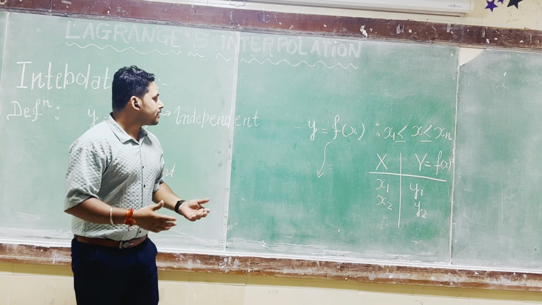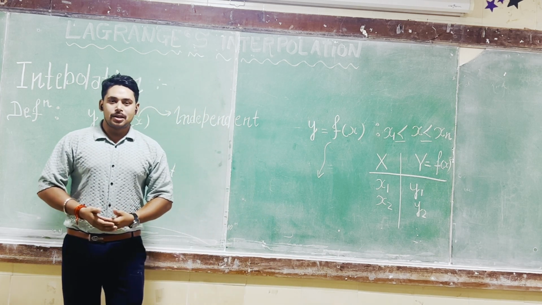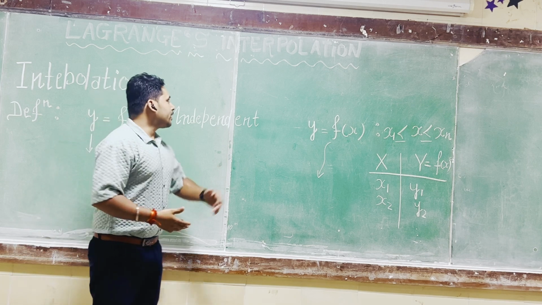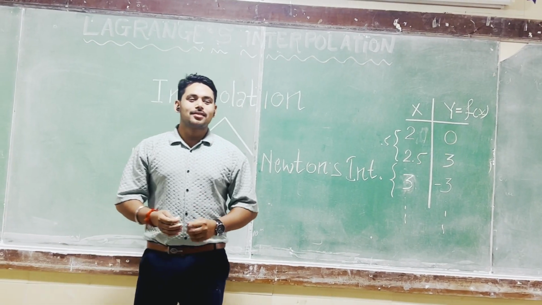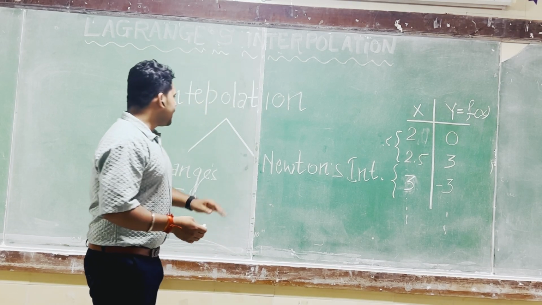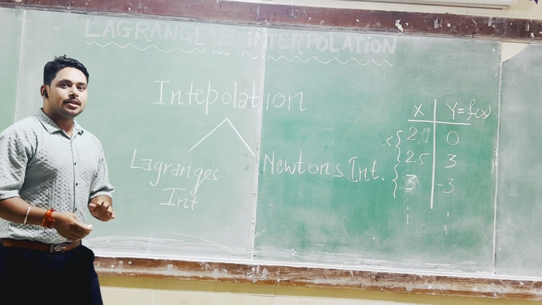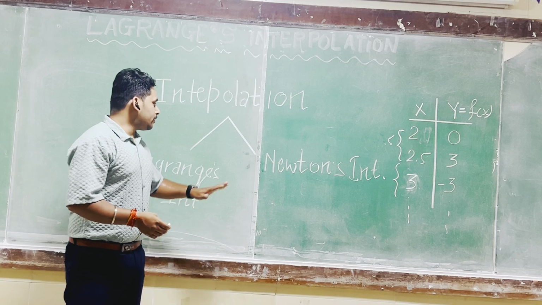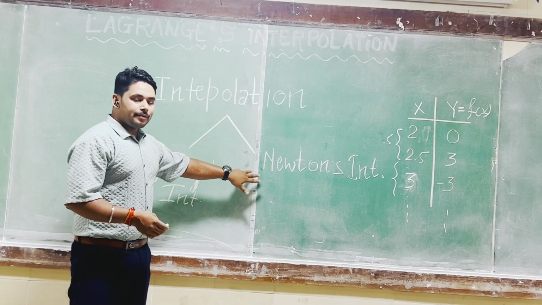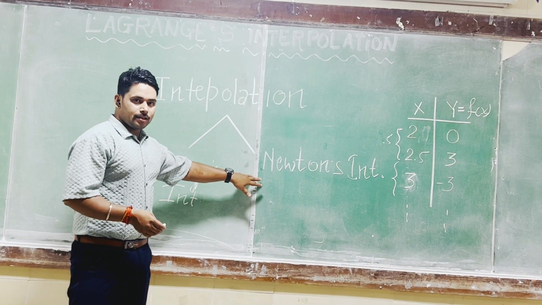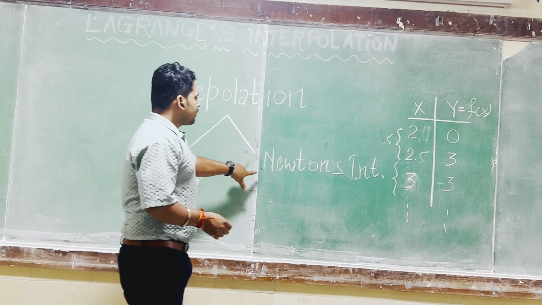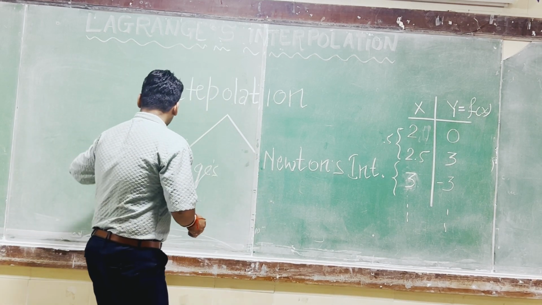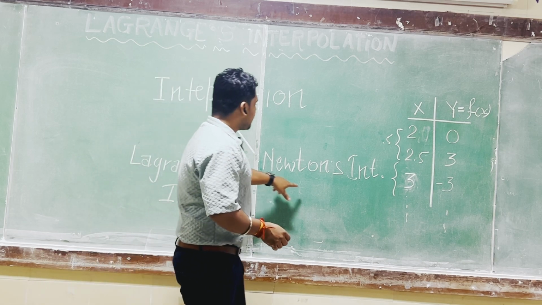Next we will discuss the types of interpolation, and then we will come to Lagrange's interpolation. Basically, interpolation can be divided into two very famous methods. There might be other methods, but we are discussing only these.